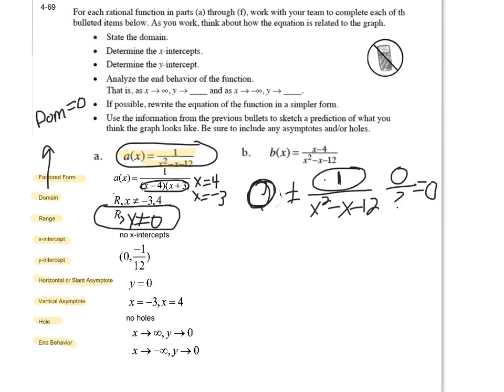Now for x-intercepts. This is going to tie in closely with my answer from the range, because an x-intercept is some x value, comma, 0 for y. Well, we just stated up above that y cannot be 0, because the numerator cannot equal 0.